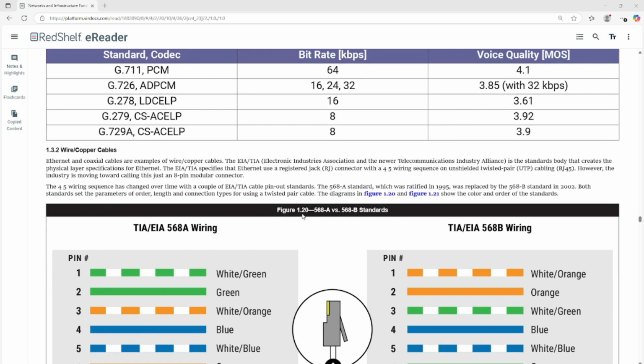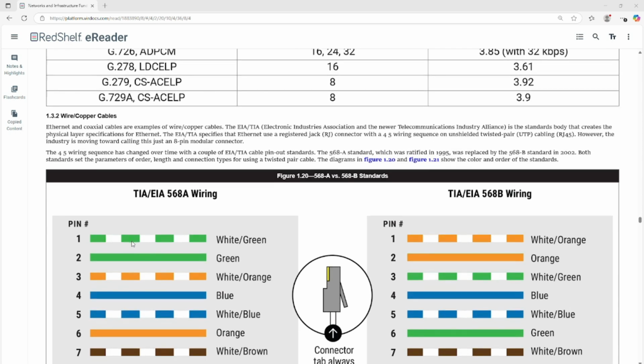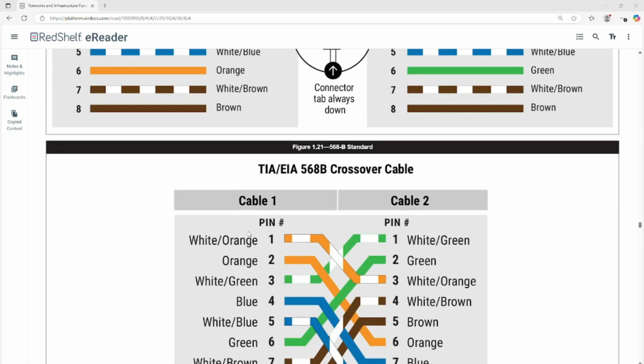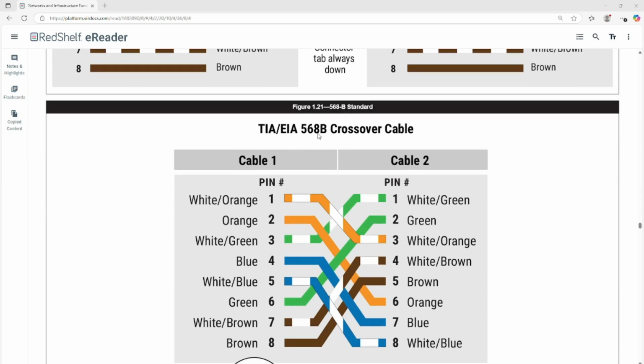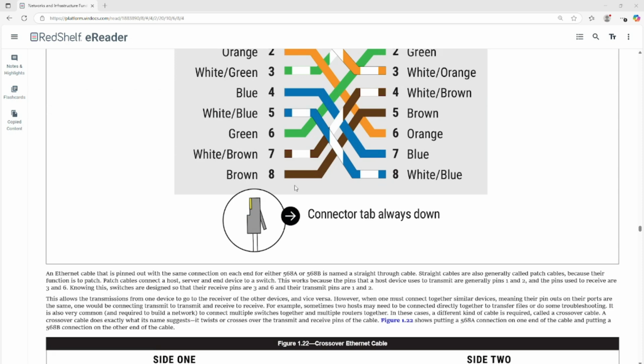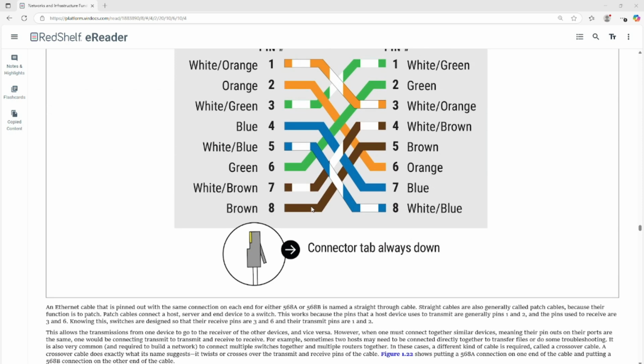The diagram in figure 1.20 shows the 568A wiring, and that on the right shows the 568B standard. In orange colors, you can read that for better understanding. And on the bottom right, you have the crossover cables. Those are standards of Ethernet cables that exist.